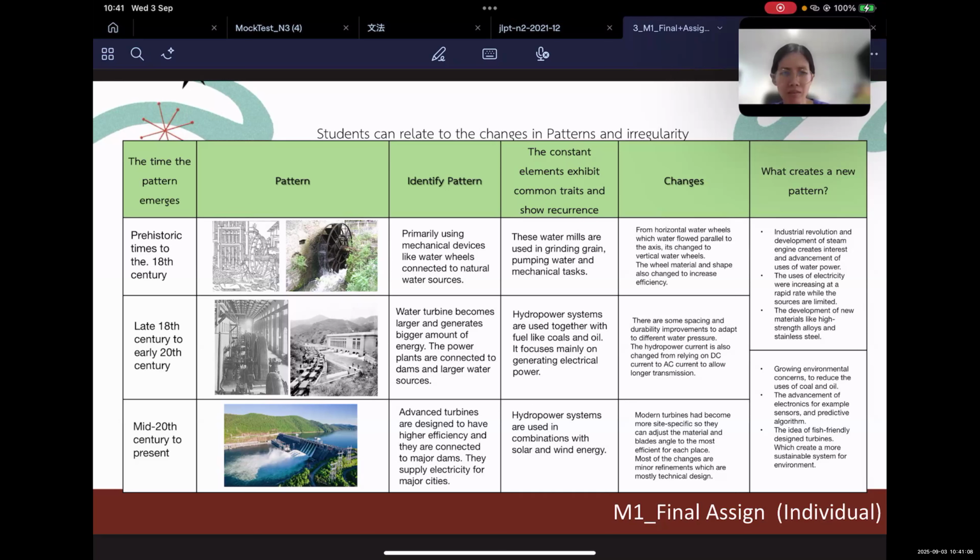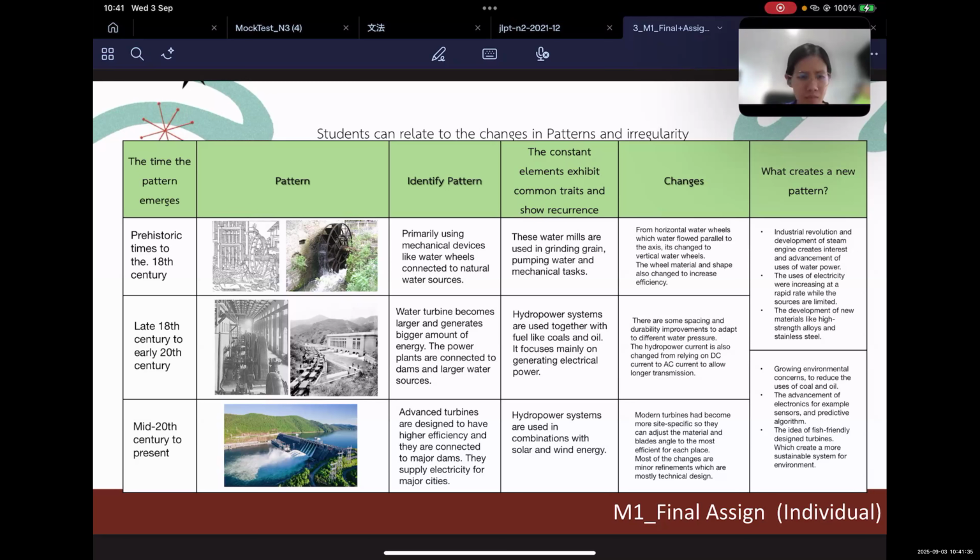And the second one is the industrial era, in which electricity was invented, and hydropower plants need coal and oil to power the engines and turn the water into electricity.